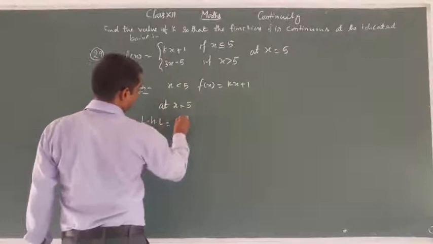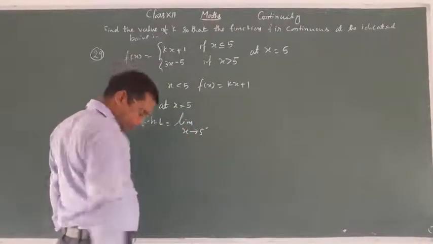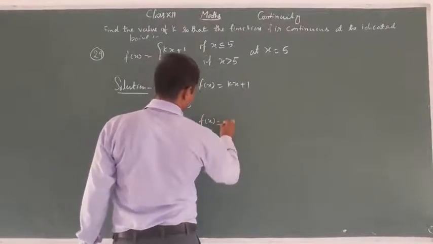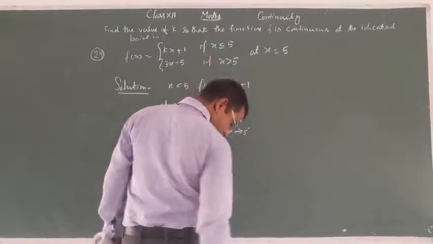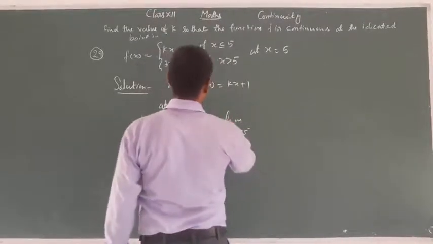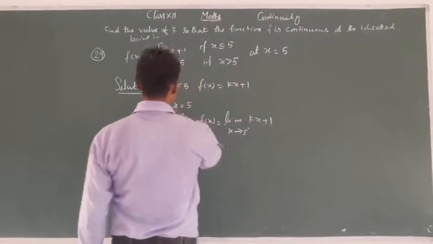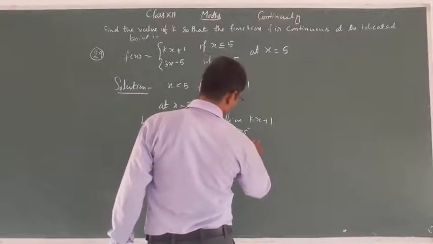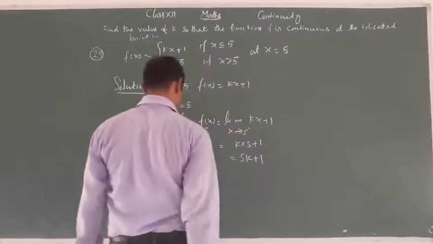So the left hand limit, x tends to 5 of f(x), is kx plus 1. Now x is equal to 5, put here k into 5 plus 1, which is equal to 5k plus 1.